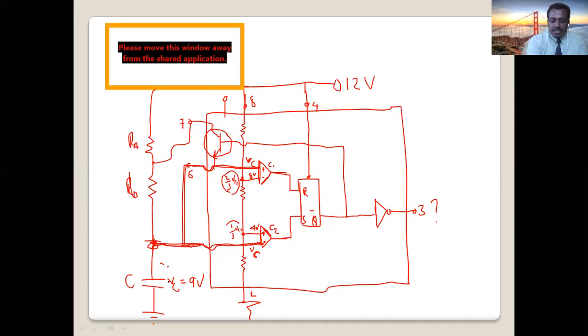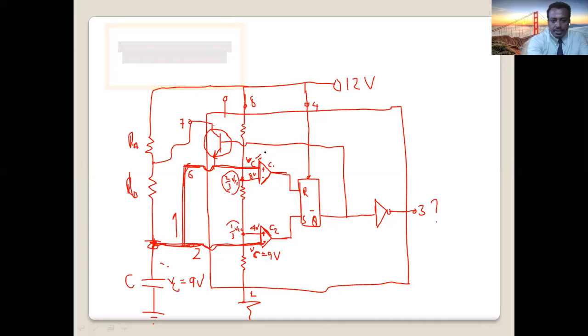If the capacitor stores 9 volts, pin number 2, here is pin number 2, how much? VC is how much? 9 volts, comes from the capacitor. Again here, pin number 6, also connected to VC, this one. So VC is how much? VC is 9 volts.